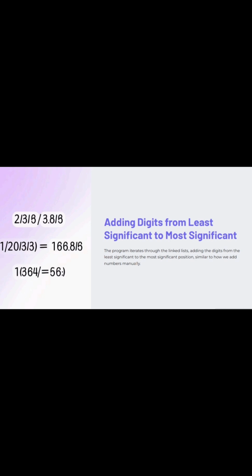Now imagine some random number, say 123. The least significant digit is 3, in the ones place. The next digit is 2, in the tens place. The most significant digit is 1, in the hundreds place. Now you add all: 3 plus 2 plus 1. The sum of all the digits is 6.